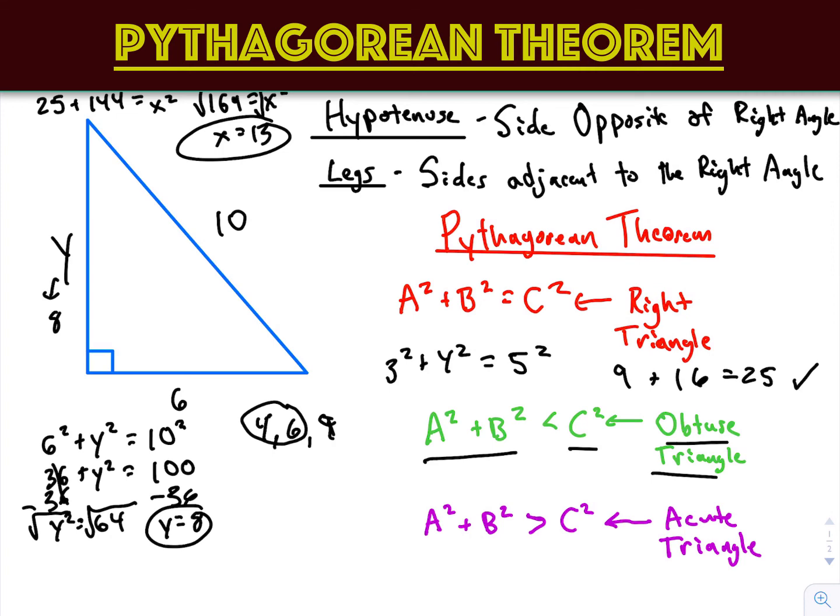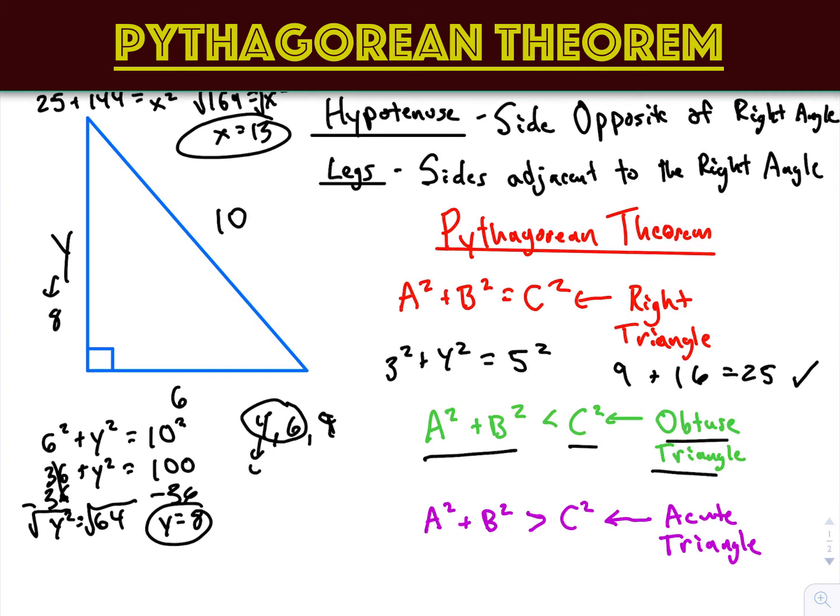So when I find the squares, I have 4 squared, 6 squared, and 9 squared. 4 squared is 16, 6 squared is 36, and 9 squared is 81. And basically, I know that 52 is less than 81, so this must be an obtuse triangle. Remember, the bigger the side length, the larger the angle within a triangle.